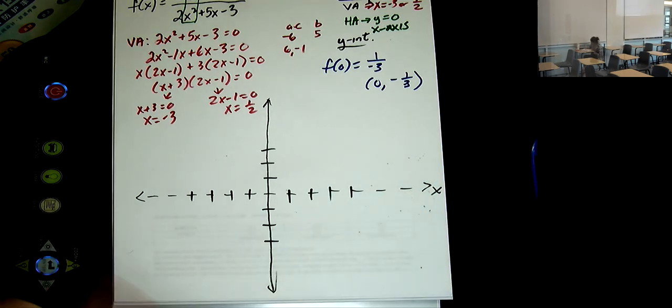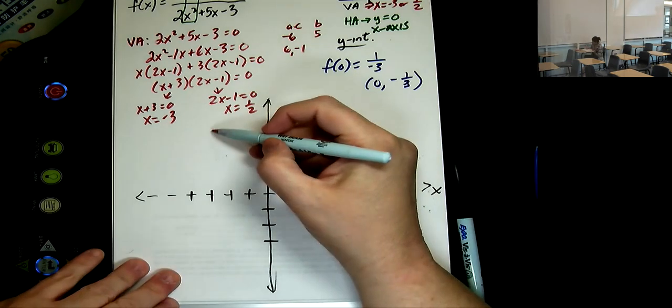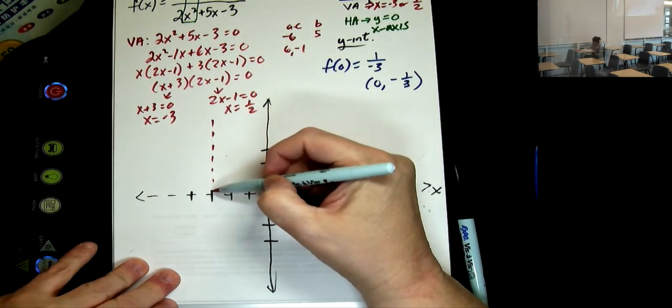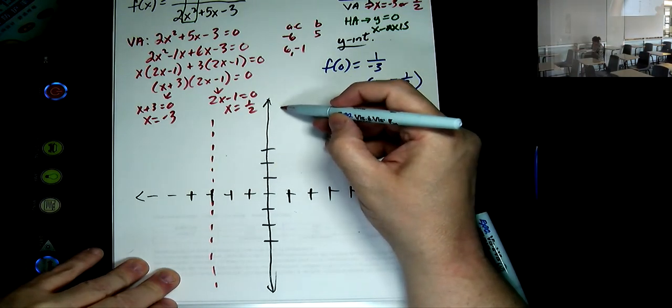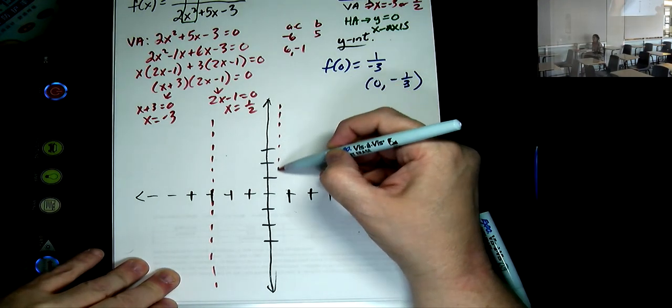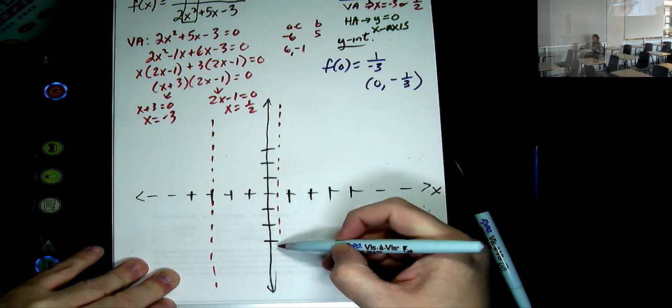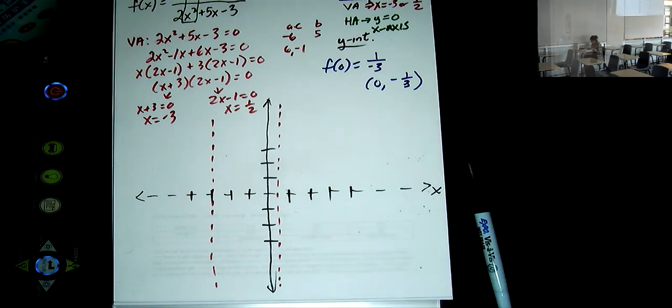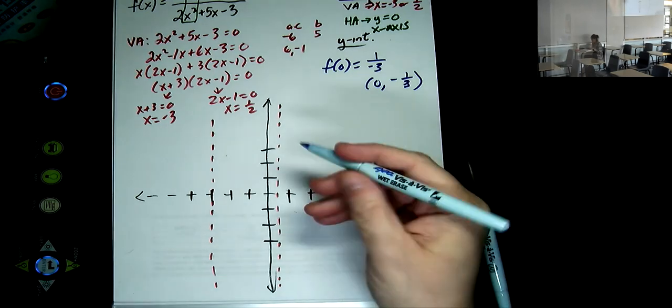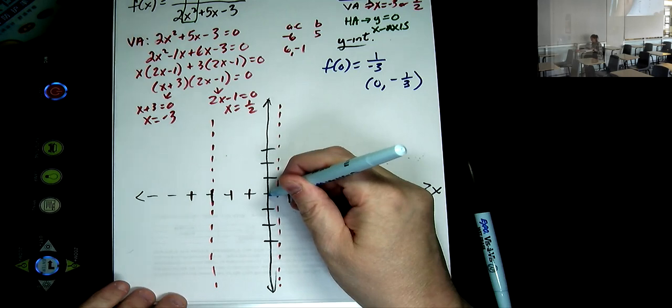All right. We have the x-axis is an asymptote. X equals -3 is an asymptote. And x equals 1/2 is an asymptote. And the only point I have on my entire graph right now is 0, -1/3.